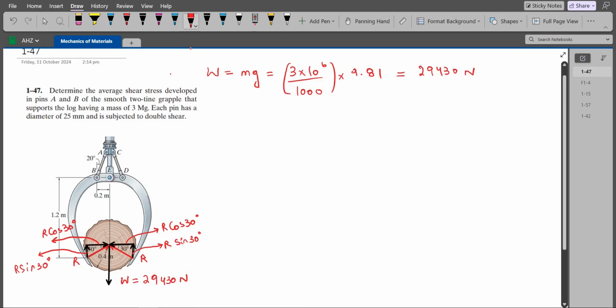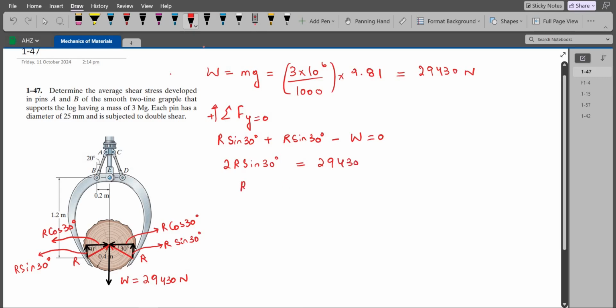Now to calculate the value of R, I can apply summation of forces in the y direction equals 0. I'm considering the up direction as positive. So we have R sin 30 plus another R sin 30 minus W equals 0. When we simplify it, we have 2R sin 30 equals W, which is 29,430 newtons.